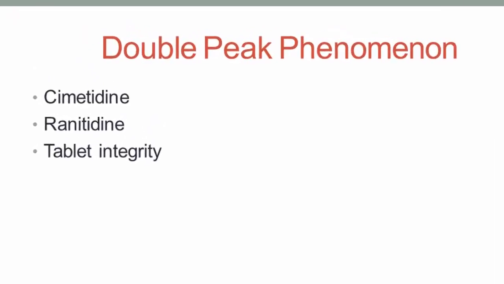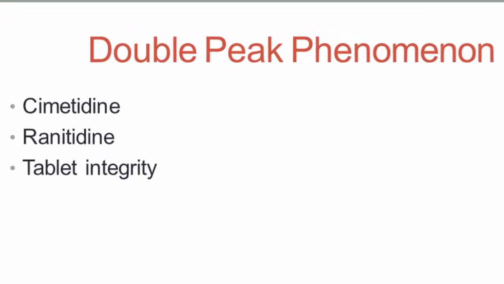And sometimes we can see the double peak phenomenon. Double peak phenomenon is generally observed with improper dosage forms, or when there are faulty dosages. We can see it with cimetidine, where there is variability in drug absorption because of the delay in gastric emptying.